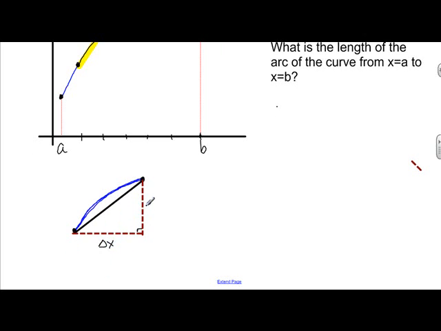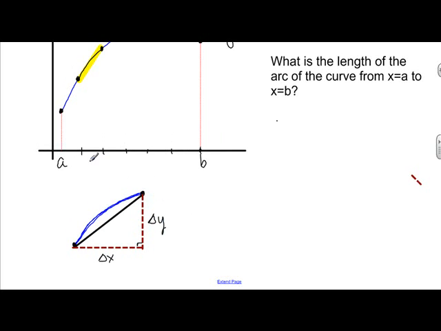This line segment here represents the change in the y coordinates. And the change in x, of course, is going to be the same for each little piece. The amount of change in the y values is going to be different for each section.